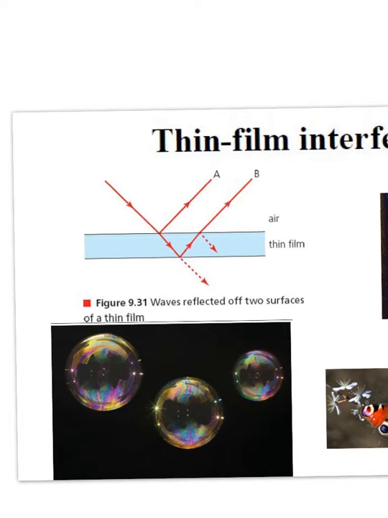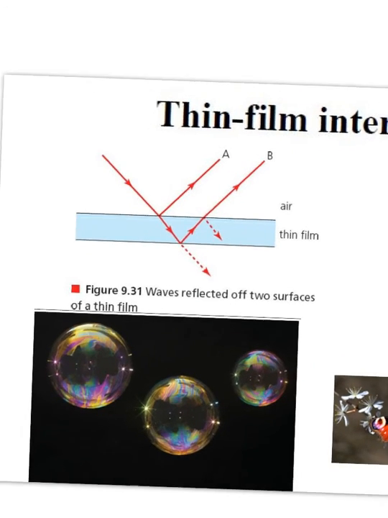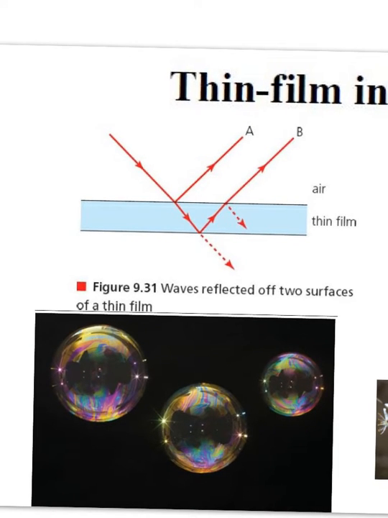So on a basic level, when light hits a transparent substance, it has two choices depending on the relationships between the two materials involved. But let's consider just this simple situation of light travelling from air into a thin film of oil, for example, on a floor.